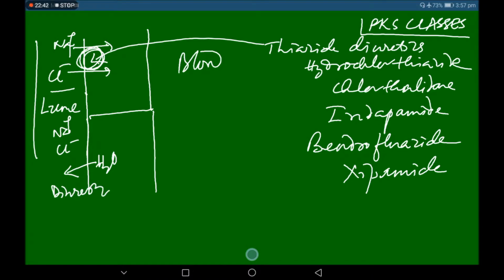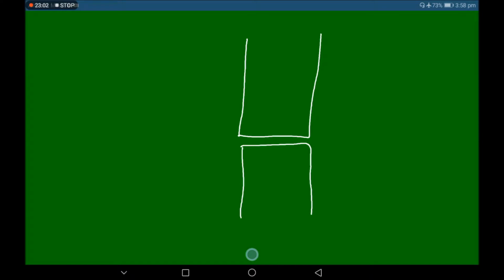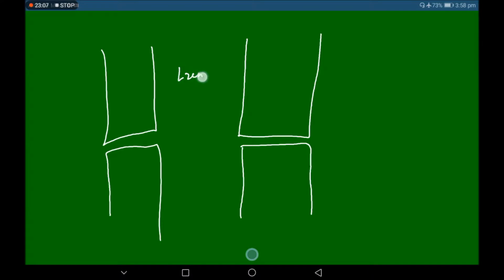And the final one is your collecting duct. In the collecting duct we have a different mechanism. Suppose this is the tubular cell, and this is the lumen. In the collecting duct there is a mechanism for reabsorption of sodium by sodium channels, and in exchange for sodium there is excretion of potassium as well as hydrogen.